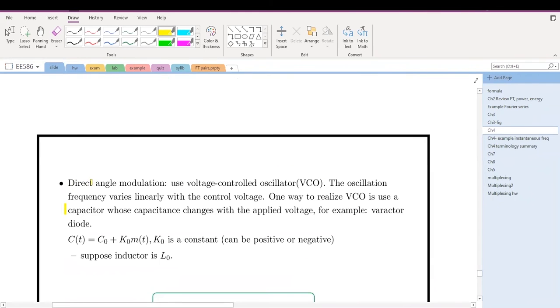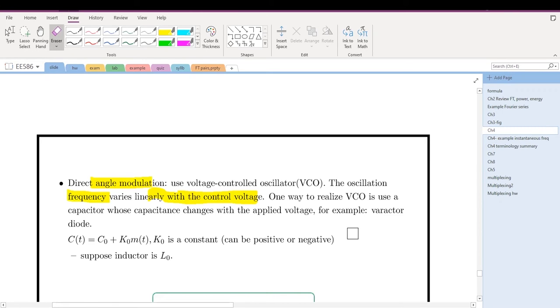Direct angle modulation involves a voltage-controlled oscillator. In this case, we use FM modulation for illustration. We want the frequency to vary linearly with the controlled voltage. One way to realize such a voltage-controlled oscillator, VCO, is to use a capacitor whose capacitance changes with the voltage applied across it.